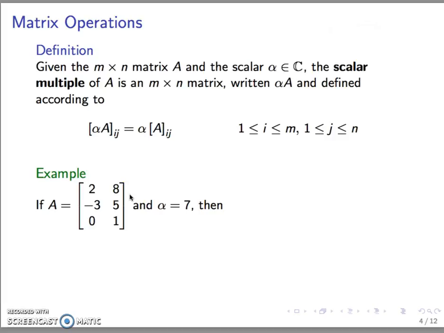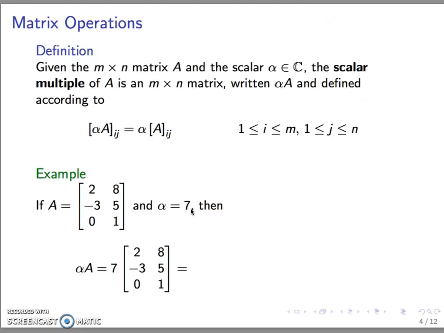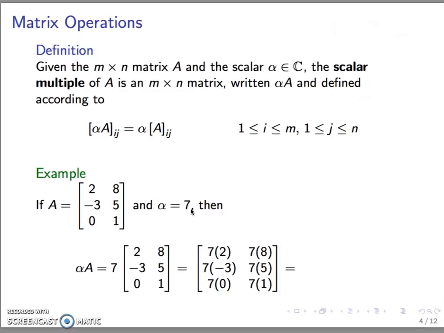So here's the example. This matrix has 3 rows and 2 columns, and we're going to multiply it by the scalar 7. 7 is a complex number with 0 imaginary part, and the new matrix alpha A results from multiplying the scalar times the matrix, which means we're multiplying every single entry of that matrix by that one scalar, right?